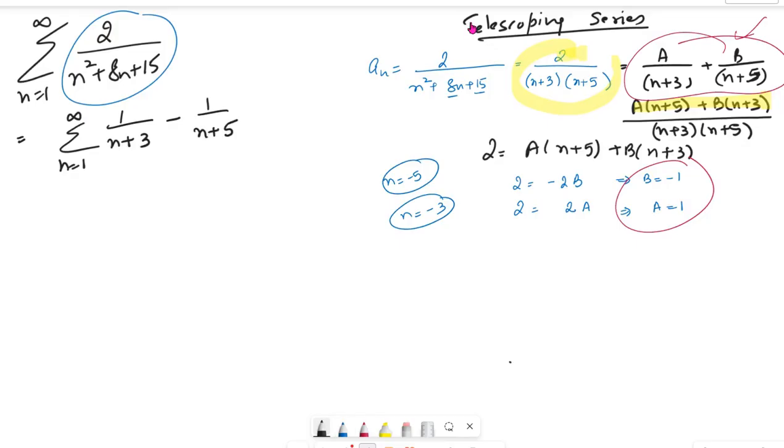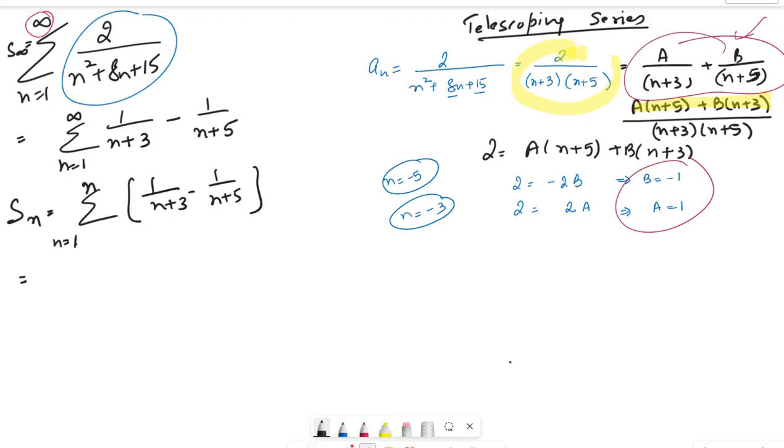Now you notice that this is S infinity, which we are trying to find, the sum up to infinity. What if we write Sn? Sn means the sum from 1 to n of these terms. Let's try to put the counter as 1.